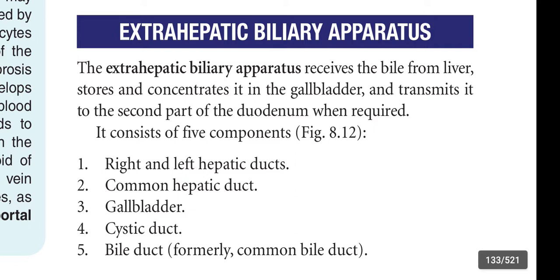Okay, once again, right and left hepatic duct, common hepatic duct, gallbladder, cystic duct, bile duct, formerly common bile duct. It receives the bile from the liver, stores and concentrates it in the gallbladder, and transmits it to the second part of the duodenum when required.